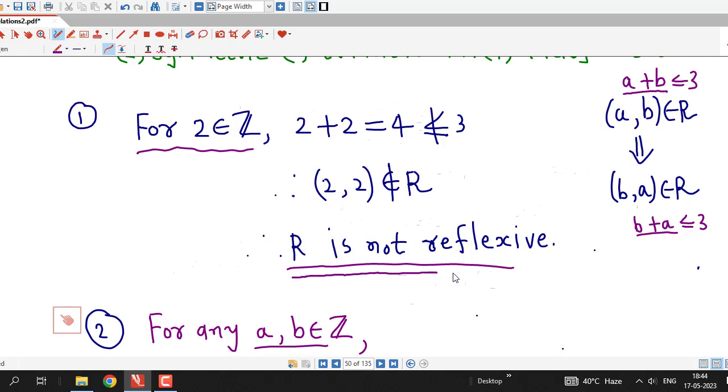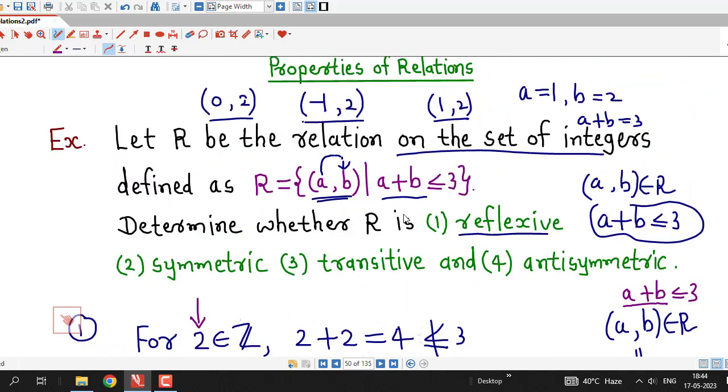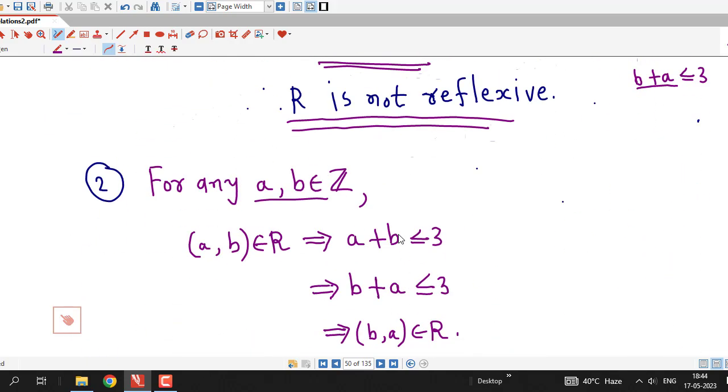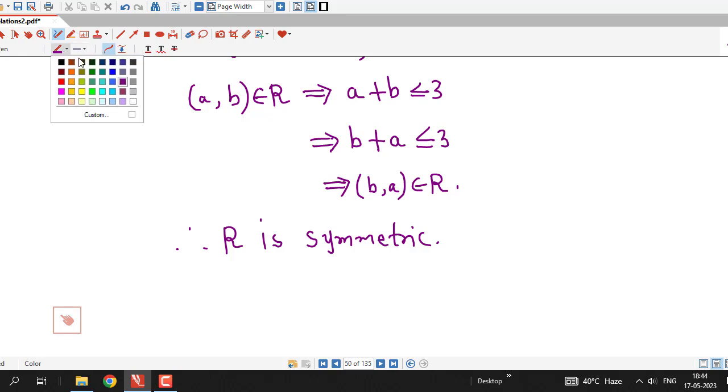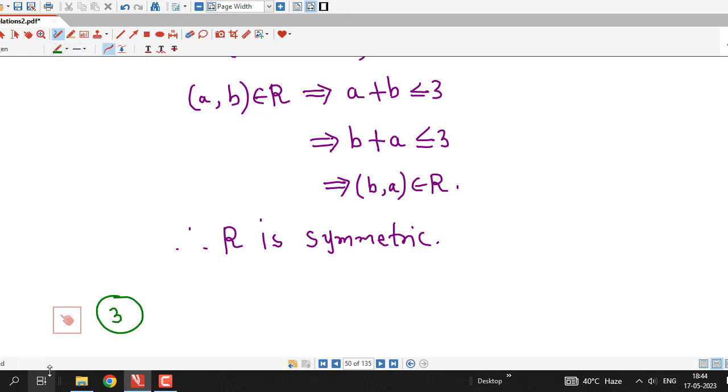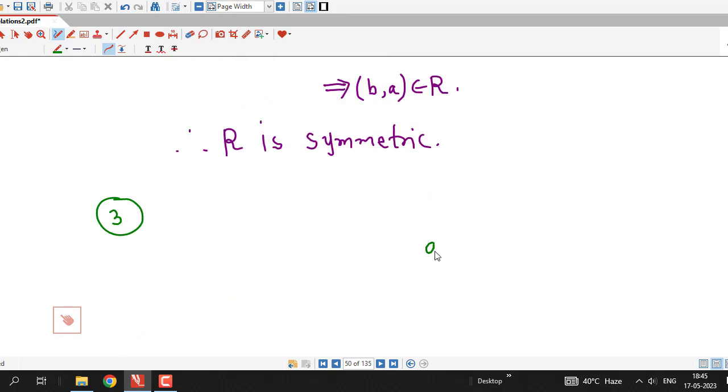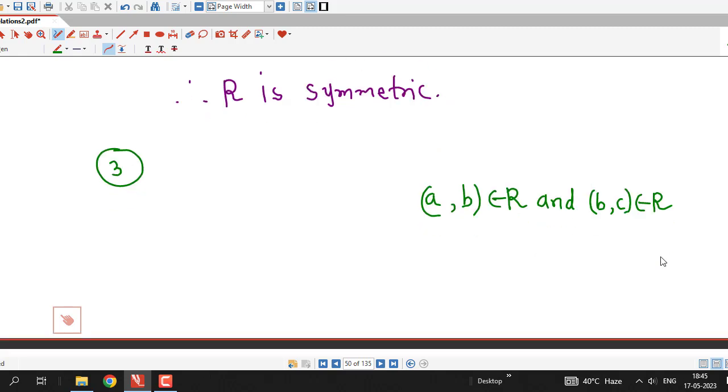Here the relation is not reflexive, so I have written this particular integer 2 for which (2, 2) is not in R. The next property is the transitive property. For the transitive property, we have to check that whenever (A, B) belongs to R, that is A related to B, and (B, C) belongs to R, we must have (A, C) belongs to R.